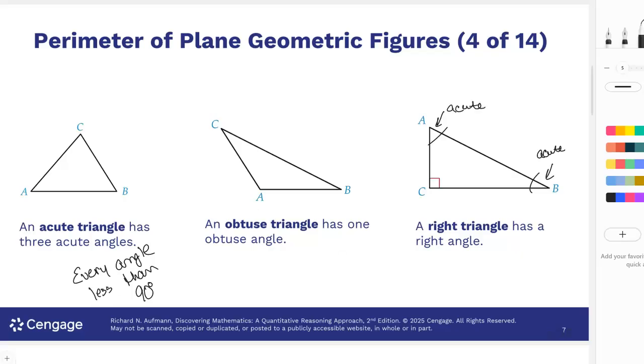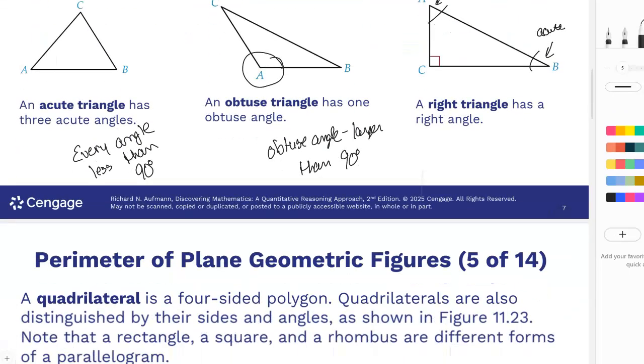And then an obtuse triangle has one angle that is larger than 90, which means that the other two would have to be acute.